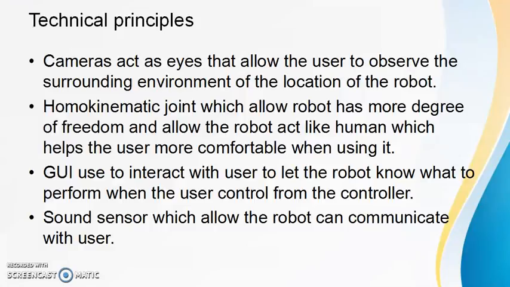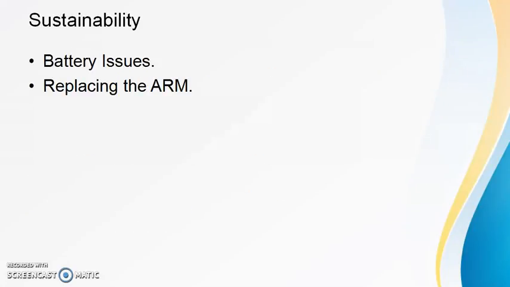Next, we would like to discuss sustainability. For example, we have the battery issue with the robot, and we would like to improve it by using solar power, so we can exchange the solar panel for the battery so it can last longer.